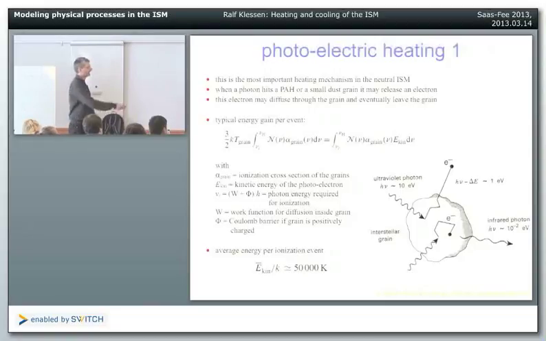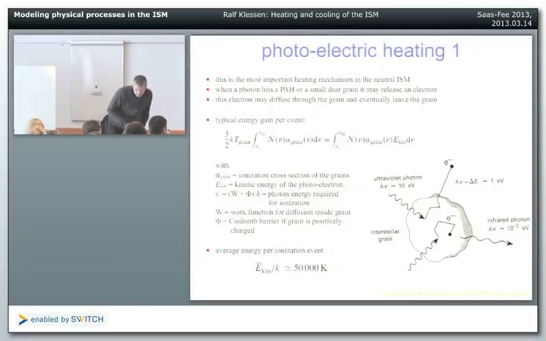So this is photoelectric heating. It could also be that the photon gets completely absorbed and then some of the energy is re-emitted in the infrared. And typically both occur, and you can calculate the typical energy gain per grain, defined like that.